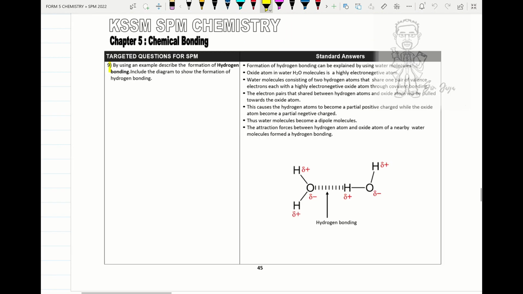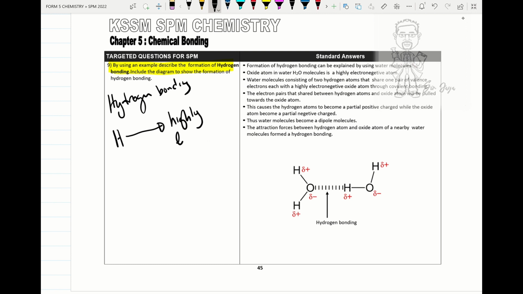The next question, by using example of the formation of hydrogen bonding, explain the formation of hydrogen bonding, include the diagram to show the formation of hydrogen bonding. Please remember hydrogen bonding is formed between the hydrogen atoms that attach to the highly electronegative atom. The highly electronegative atoms are known as NOF.